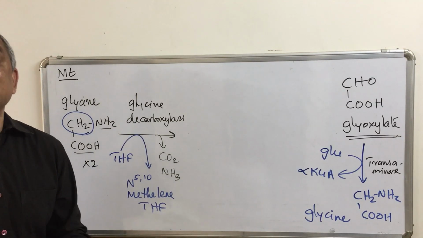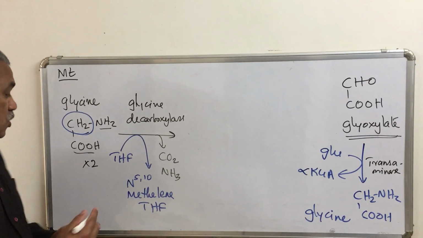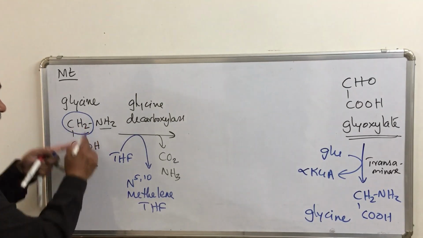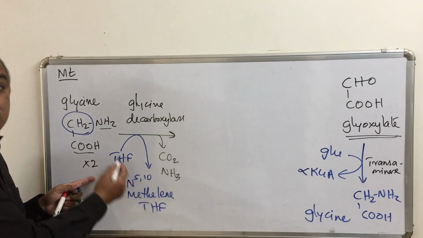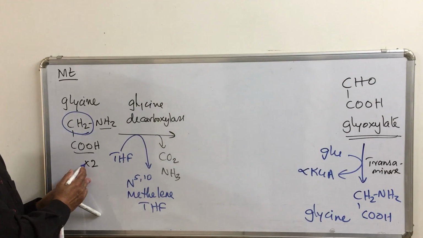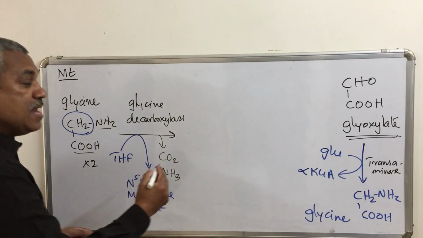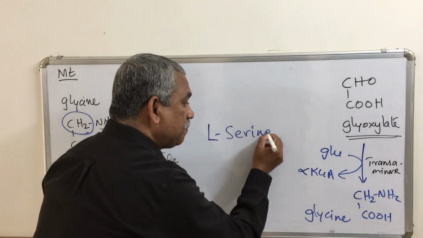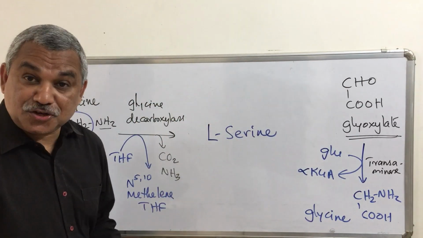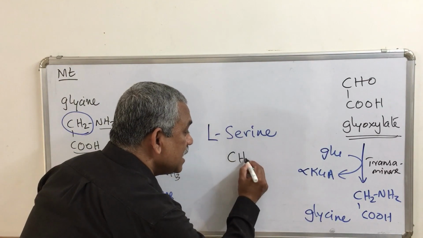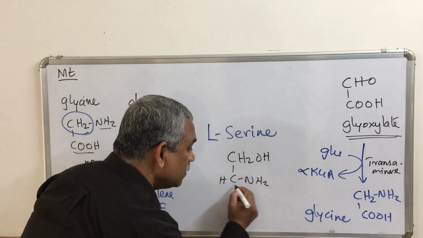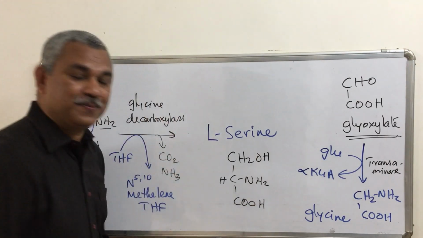We require a second molecule of glycine. So the second molecule of glycine is added here, and the methyl group is added to the second glycine molecule, and then it is converted to L-serine. The structure of serine is CH2OH, CH, NH2, COOH.